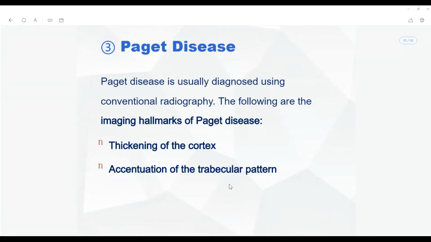The whole take home message of the hyperosteosclerotic diseases is that there will be thickening of the cortex and loss of density of the normal trabecular pattern. Simple. That's it. For all the increased bone density diseases, this is the take home message.